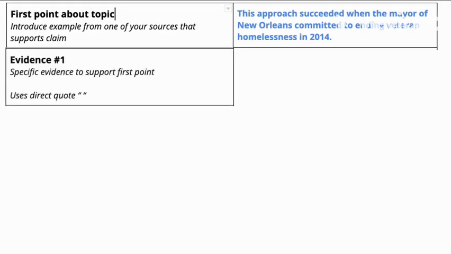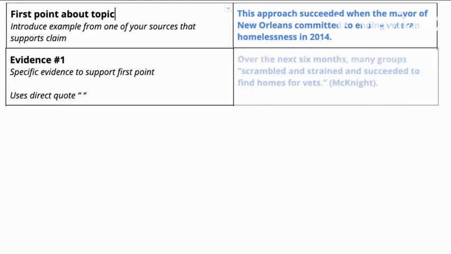All right, I made my point, but I have to actually back this up with a direct quote from the article to actually prove that this really did work. So when I was looking through my research, I wanted to find a sentence that actually showed what people did to end veteran homelessness. I introduced my quote by saying that over the next 6 months, many groups "scrambled and strained and succeeded to find homes for vets."